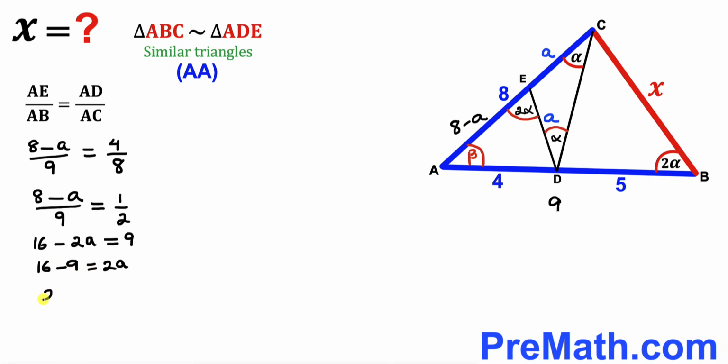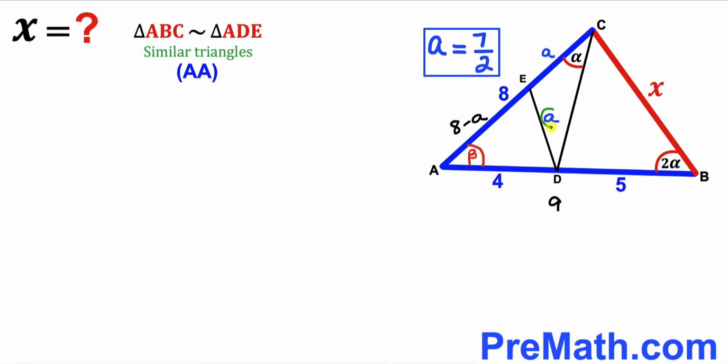In other words, 2 times a equals 7. And now I'm going to divide both sides by 2 to isolate lowercase a. This 2 and 2 is gone. So therefore our lowercase a value simply turns out to be 7 divided by 2 units.